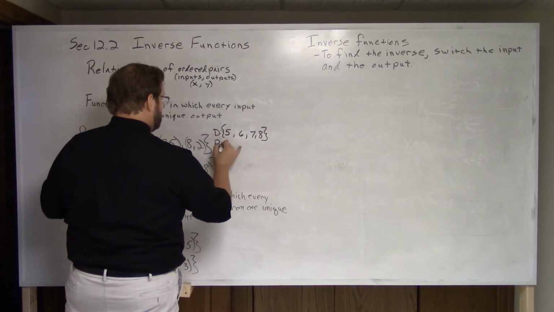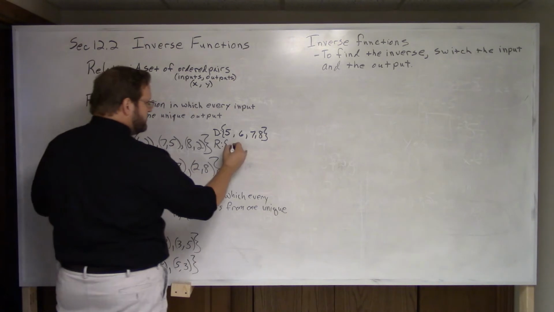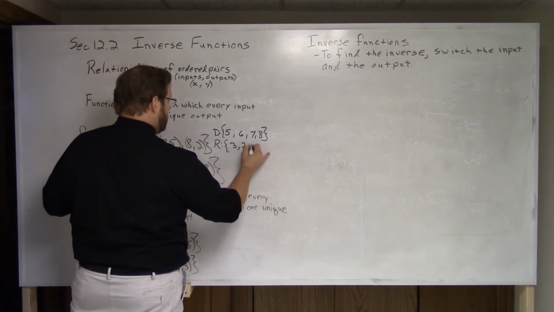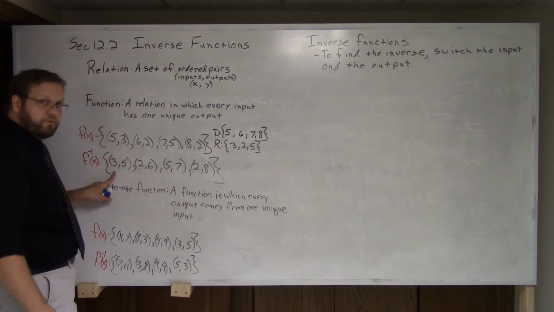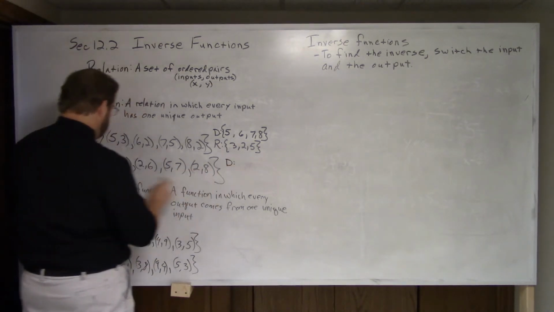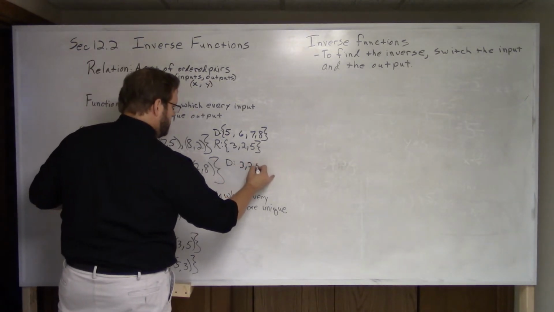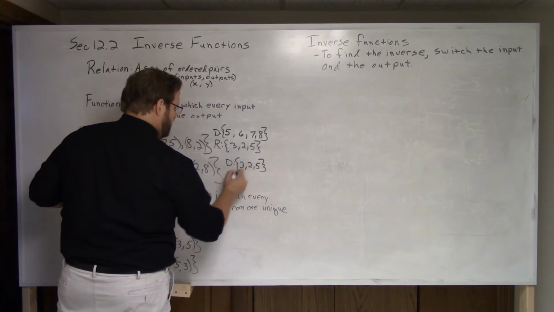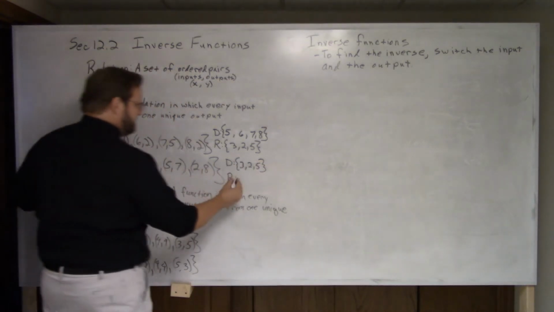The range was 3, 2, 5, and then I already had the 2. 3, 2, 5. Okay, if I look at the inverse, what do I have? Domain is 3, 2, 5. And the range is 5, 6, 7, 8.